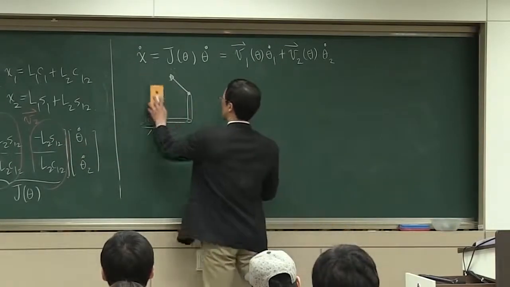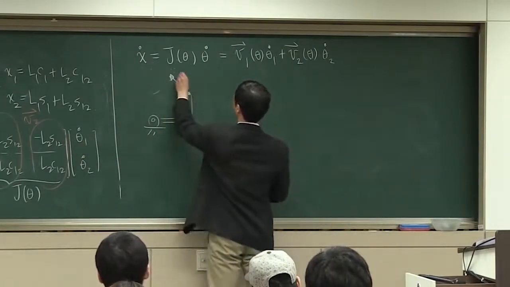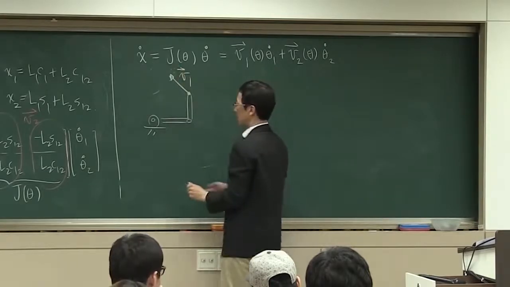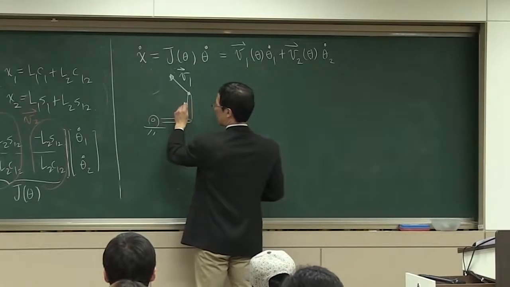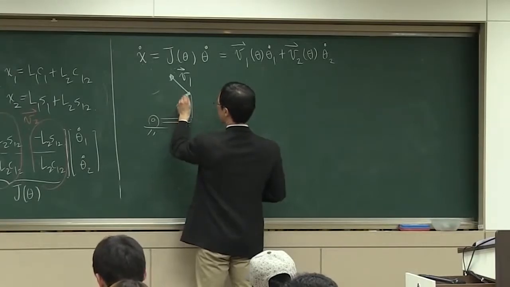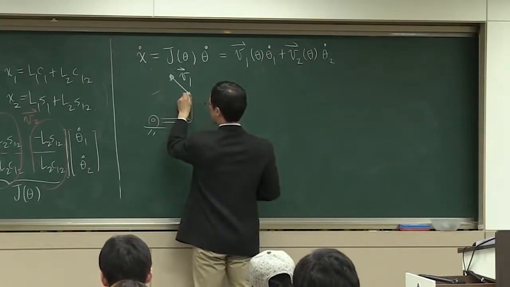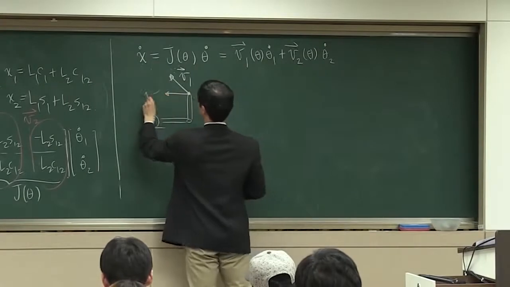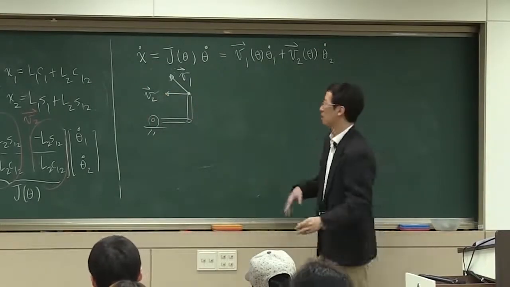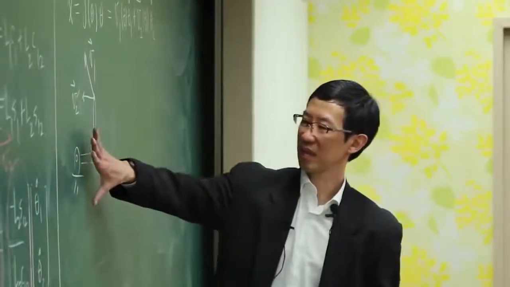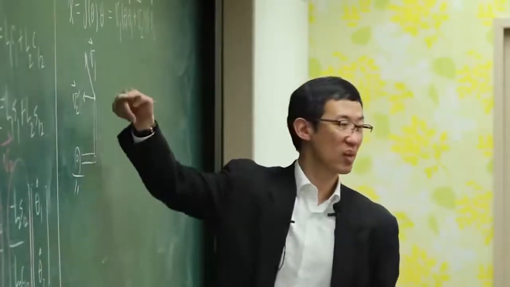So let's call this v1. v2 looks like it just points in this direction. Is that correct? Something like that. So in this configuration, v1 and v2 point that way.